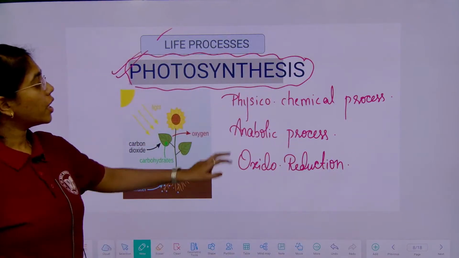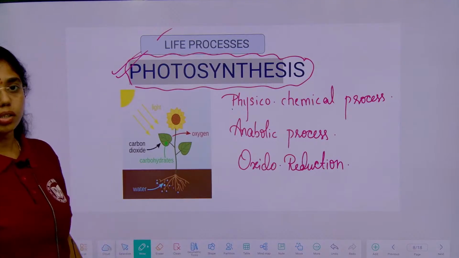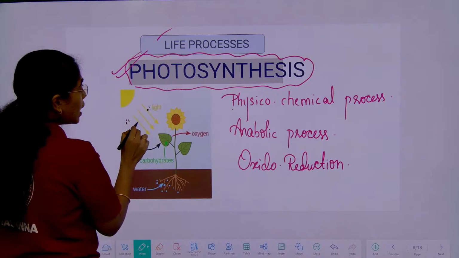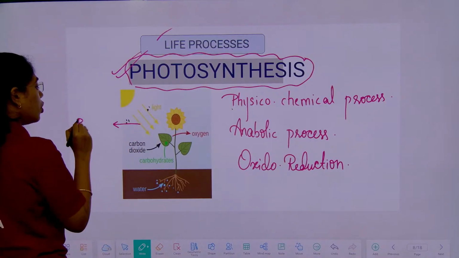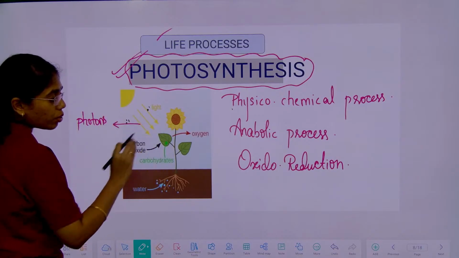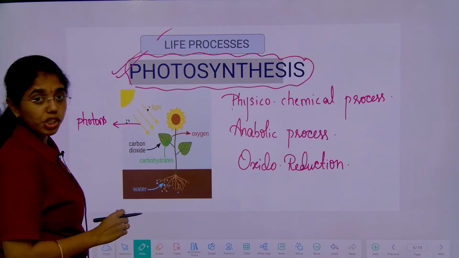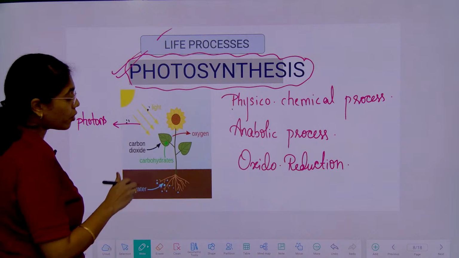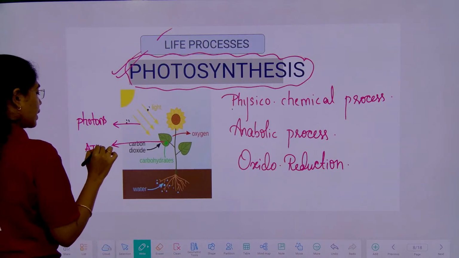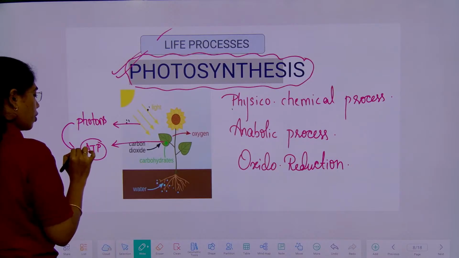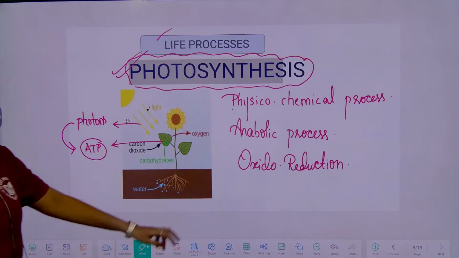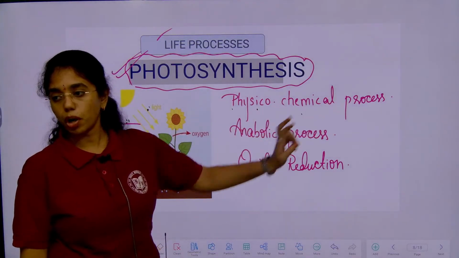It is known as physicochemical process because the physical form of energy, that is light, is absorbed in the form of photons, and it is converted to chemical form of energy inside the stroma of chloroplast. That chemical form of energy is ATP. So the physical form of energy is converted to chemical form of energy. This is what physicochemical process.